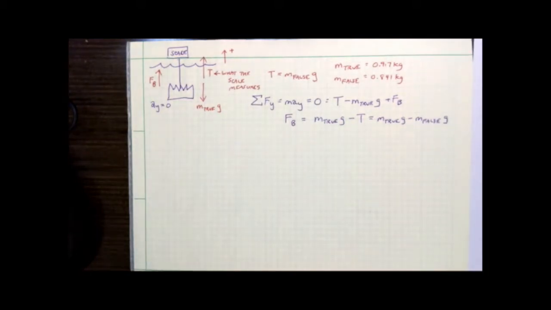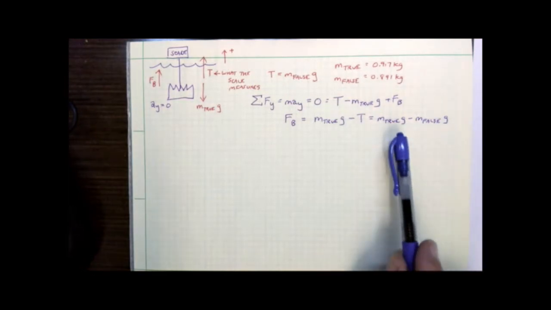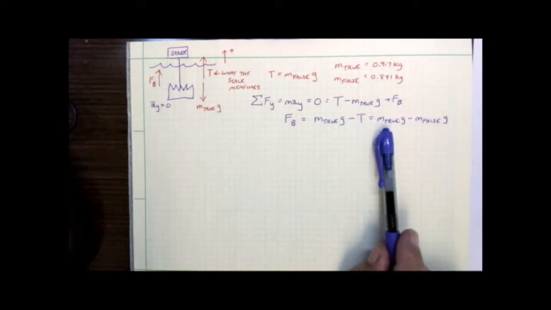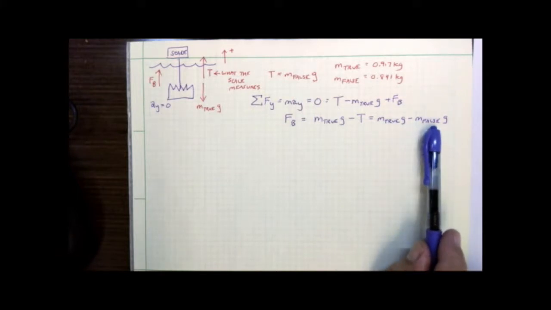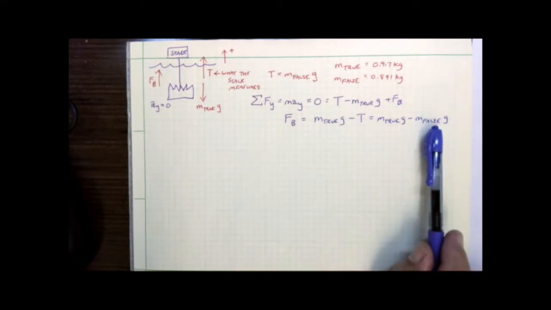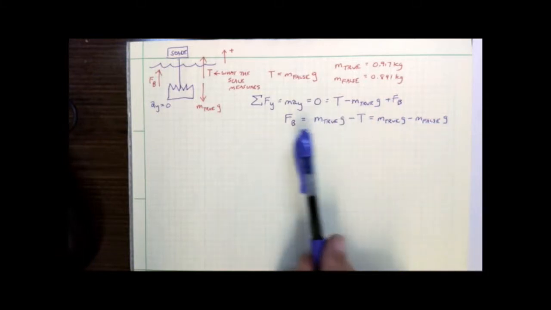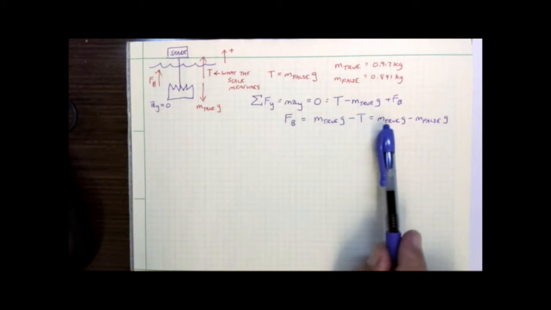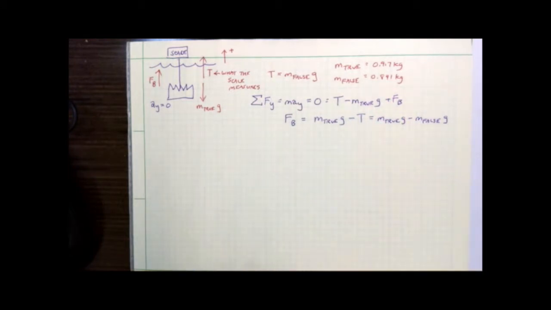Looking at this another way, the only reason there's a difference between the true mass and the false mass, between the weight out of water and the weight in water, is because there's a buoyant force involved. If there were no buoyant force, these two numbers would be the same.